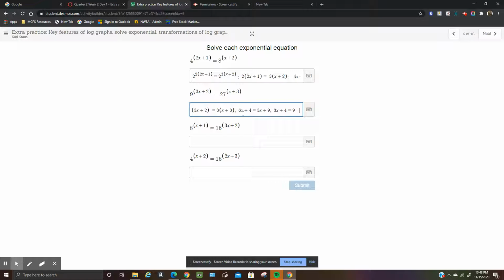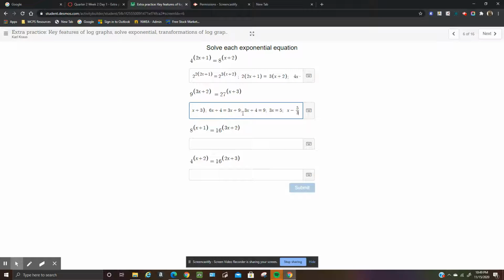And then subtracting 4 from both sides, x equals 5. And then divide by 3, so x is 5/3.